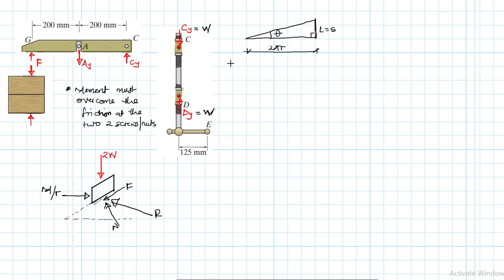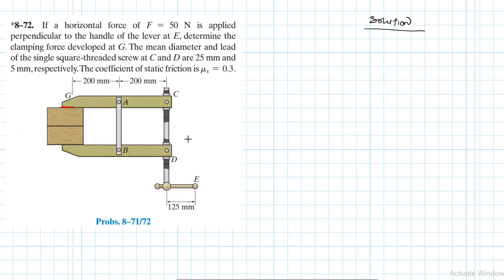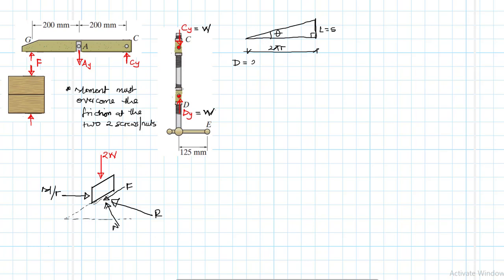We are told that the diameter was 25 and the lead was 5. So the diameter was 25 millimeters, and therefore the r is half of that, which is 12.5 millimeters.